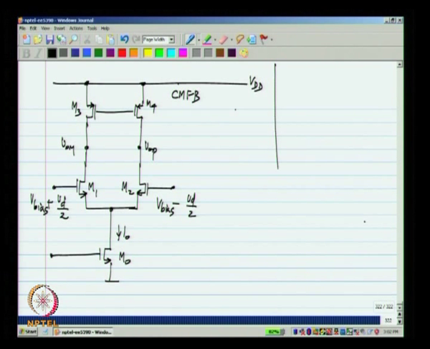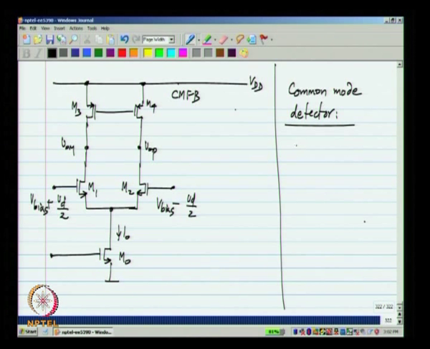First of all, let us consider common mode detectors. We want to take in VOM and VOP and obtain an output (VOP plus VOM) divided by 2. How can we do this?